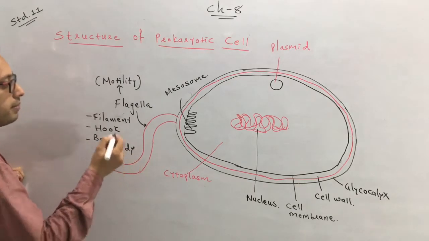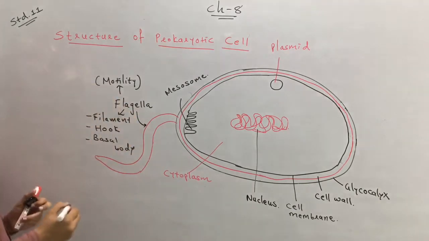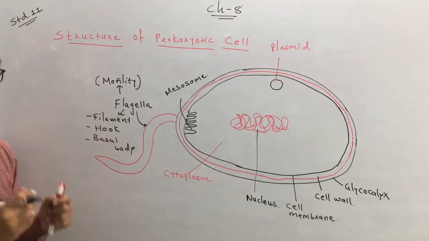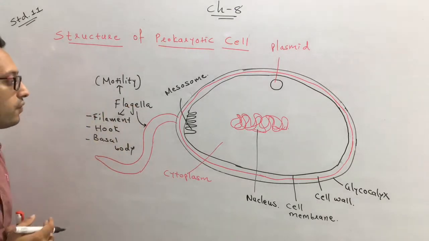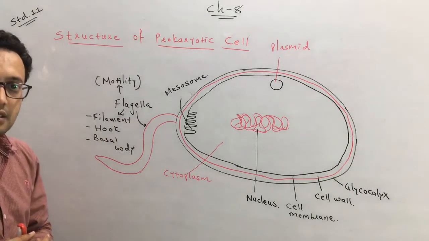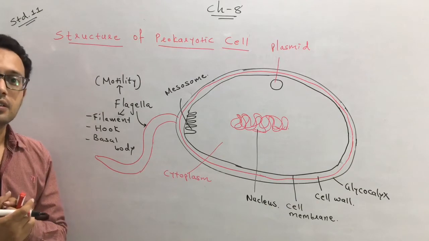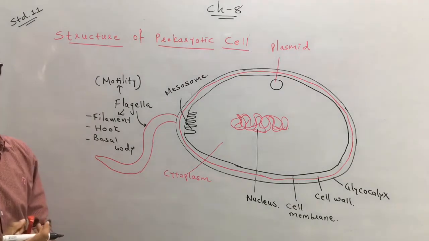So these are the three components of a flagella, which are responsible for motility. Clear? So this is about the flagella extension which comes out of the cell wall or the cell envelope.